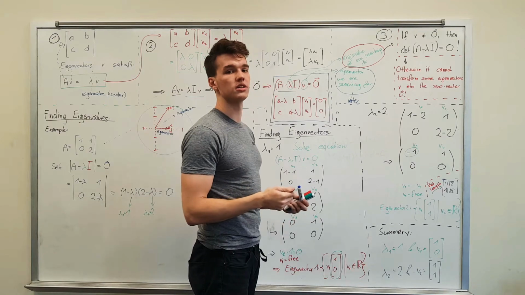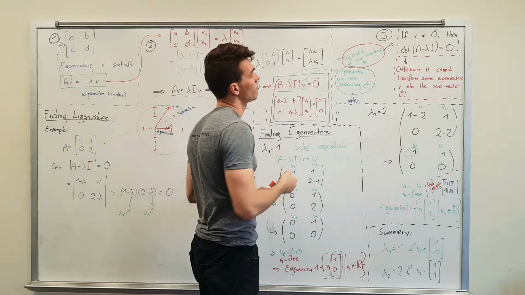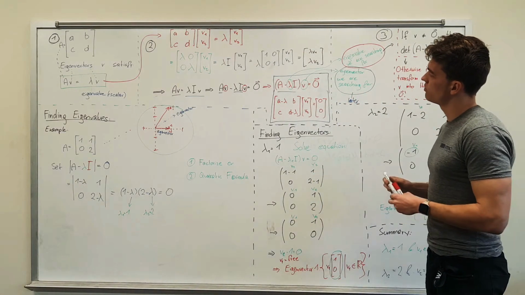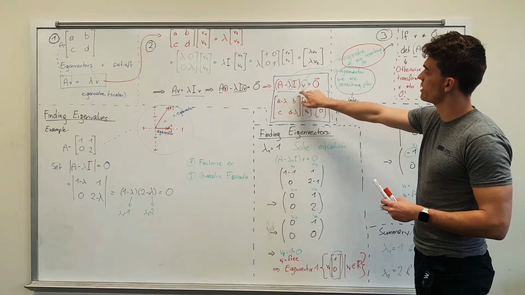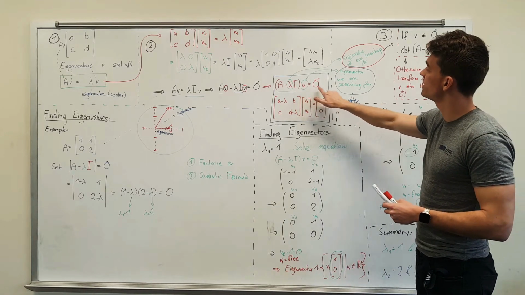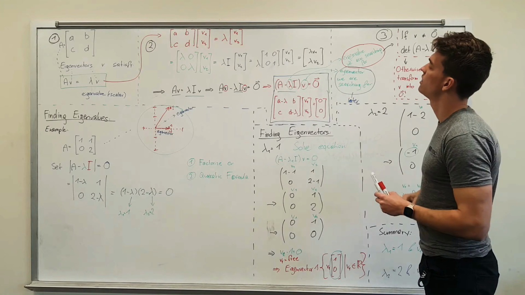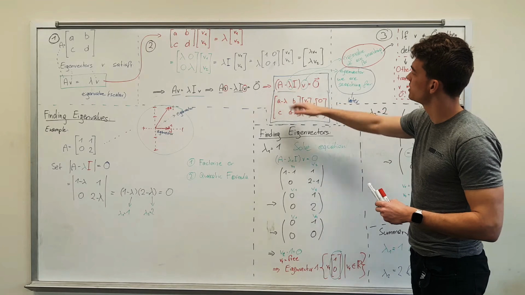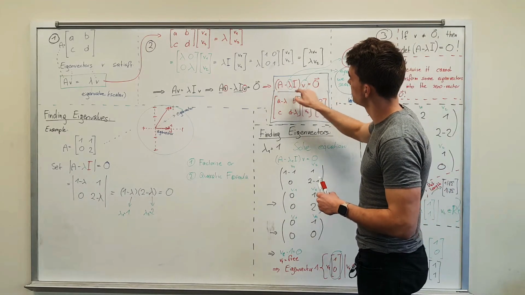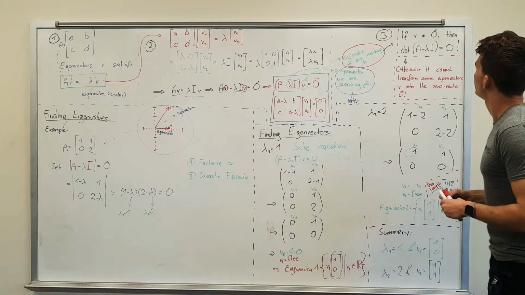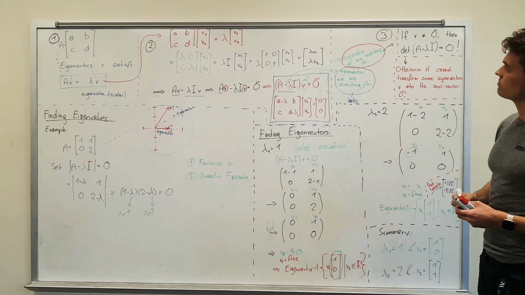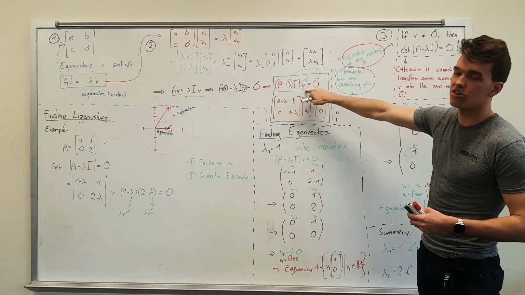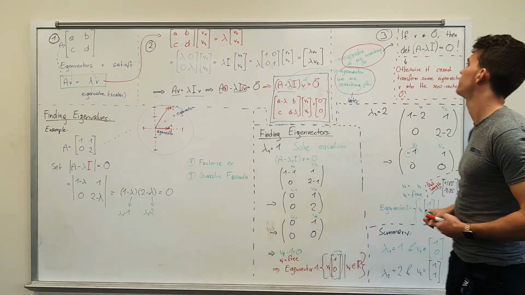The first thing we do is we find the eigenvalues. And if you think about it, we know that for any transformation to transform a vector into the zero vector, it must have a determinant of 0. So this thing here implies that A minus lambda identity has a determinant of 0, except if v is the zero vector, but we're not interested in that case.